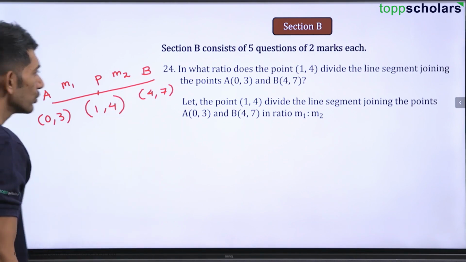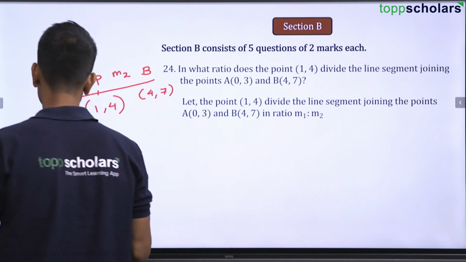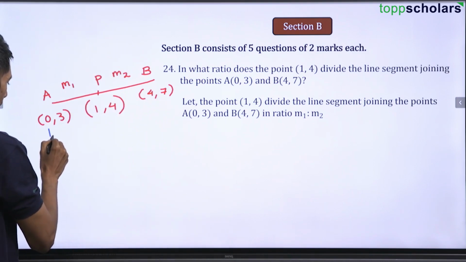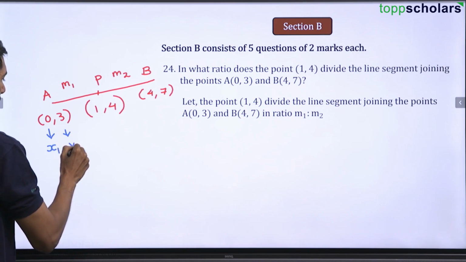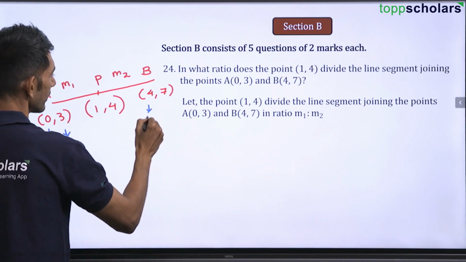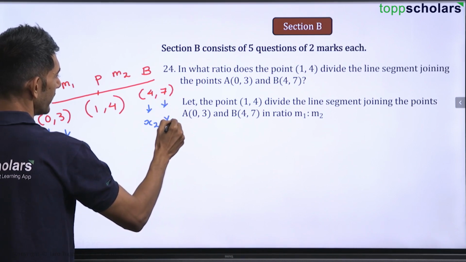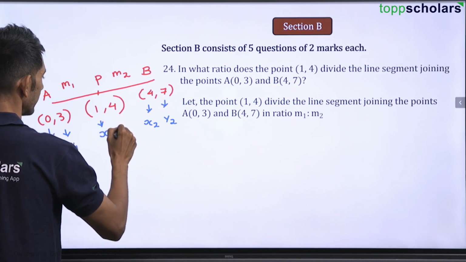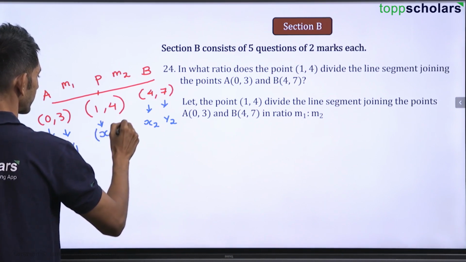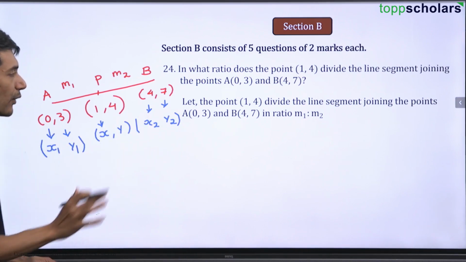And after that, just write down what is x1, y1, x2, y2 and x, y. So this 0 is your x1, this is y1, this is x2, this is y2, this is x, this is y. Now you know the formula.